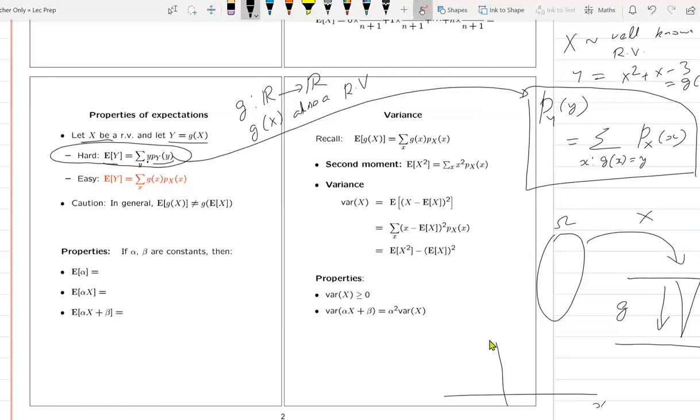If this is x and this is y, there are two values of x which map to this particular value of y, right? So if I want to find p_Y, the probability that Y equals small y, I have to add. Let's say this is x0 and this is x1 and this is y. So the probability of Y equal to y is probability of X equal to x0 plus probability of X equal to x1. Everybody agrees?